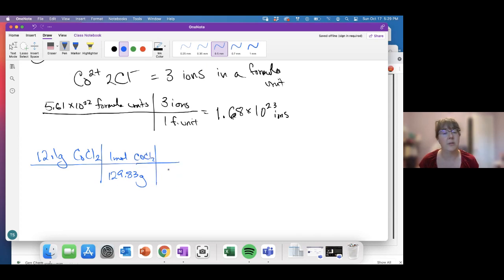This is the point where some people would actually say, now wait a minute, for every 1 mole I have of cobalt 2 chloride, I actually have 3 ions. And then I could say 3 moles of ions, by the way. 3 moles of ions, and then I could go ahead and say for every 1 mole of ions, I actually have 6.022 times 10 to the 23rd ions.